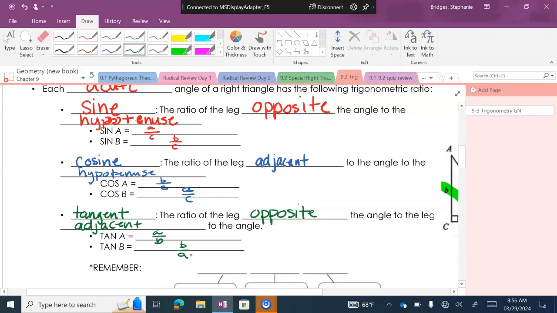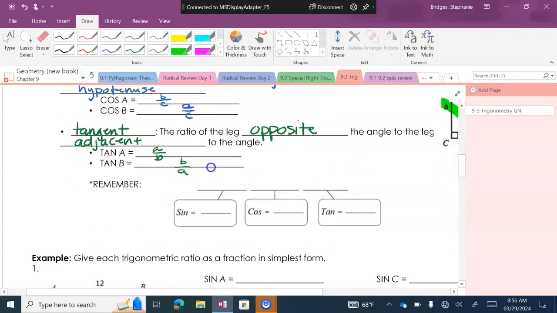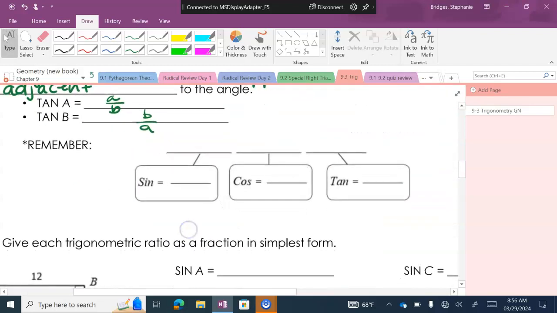So those are the three trigonometric ratios. Sine is opposite over hypotenuse, cosine is adjacent over hypotenuse, and tangent is opposite over adjacent. So I have a little trick that we can remember that by. First of all, sine is opposite over hypotenuse. I'm just going to abbreviate because that blank is not big enough to write the words.